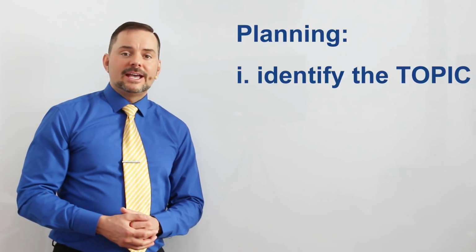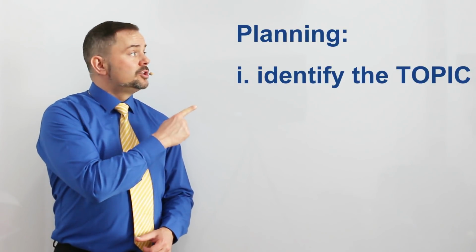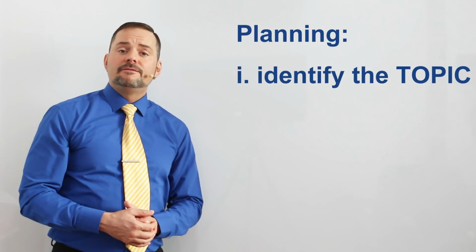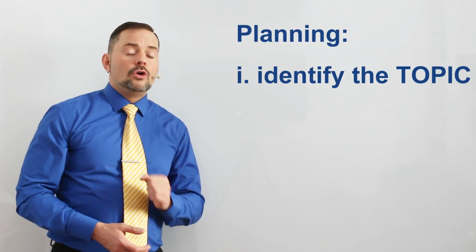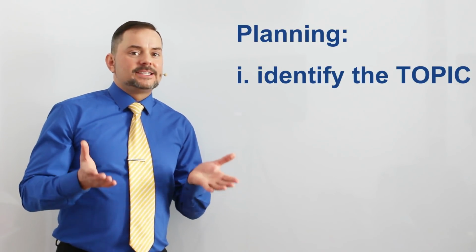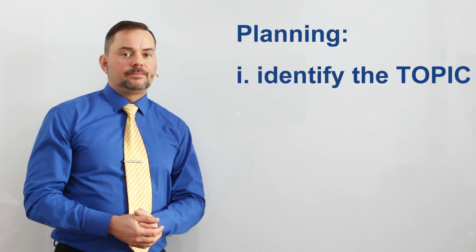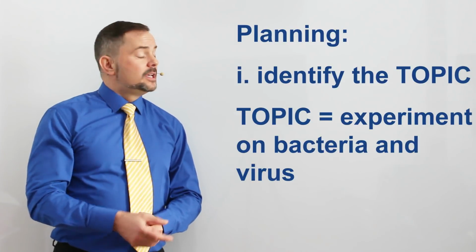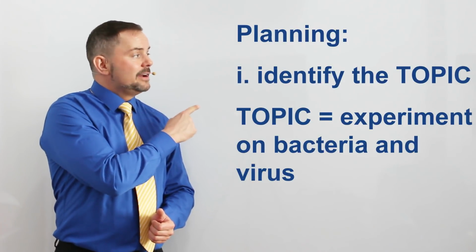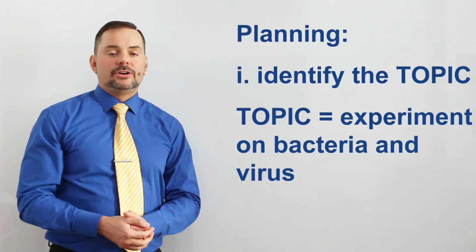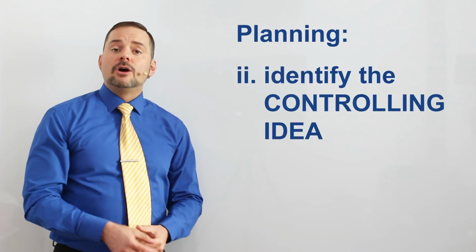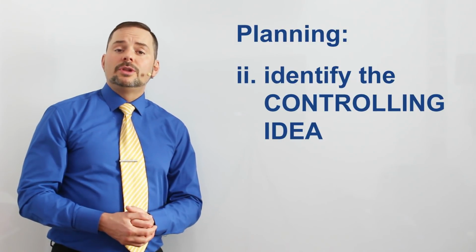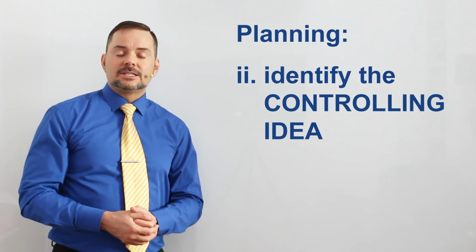For planning your essay, your first step is to identify the topic. This means figuring out exactly what the essay is about. In this case, the essay topic is experimenting on viruses and bacteria. Now, second, you have to figure out the controlling idea or the controlling ideas.